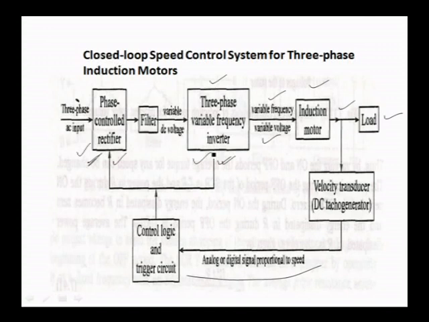As long as the error is not 0, the firing angles will continuously vary here and here. When the speed reaches the set value, the error signal becomes 0, so the motor continues to run at the set speed. So, this is how the scheme works.